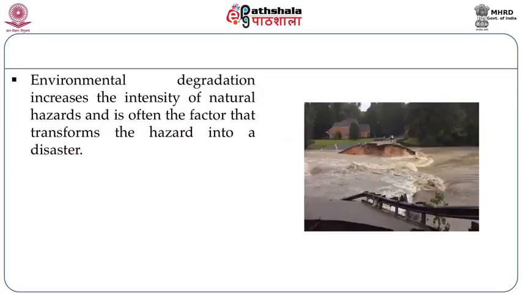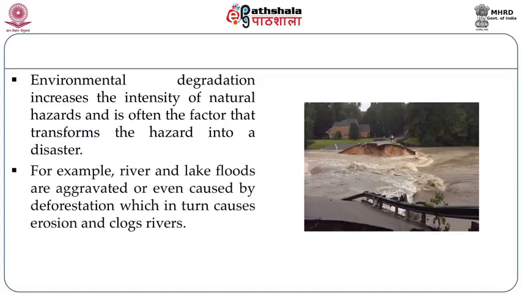Now, environment degradation increases the intensity of natural hazards and it is often the factor that transforms hazards into a disaster. For example, river and lake floods are aggravated or even caused by deforestation, which in turn causes erosion and clogs rivers.